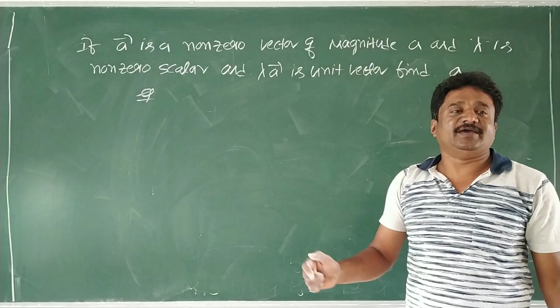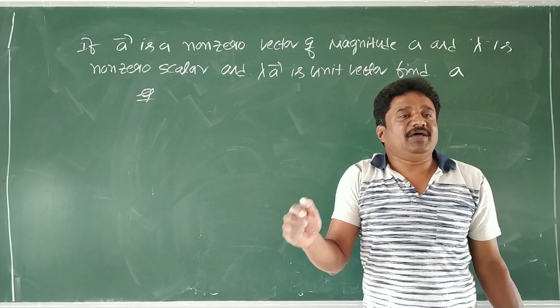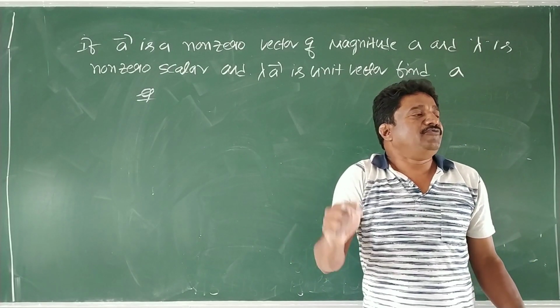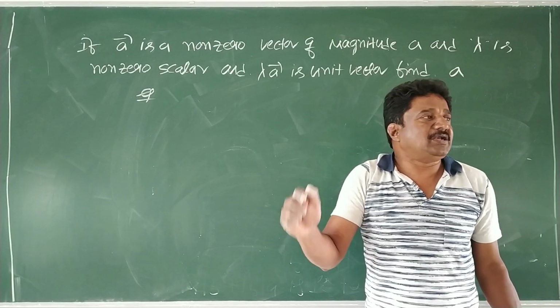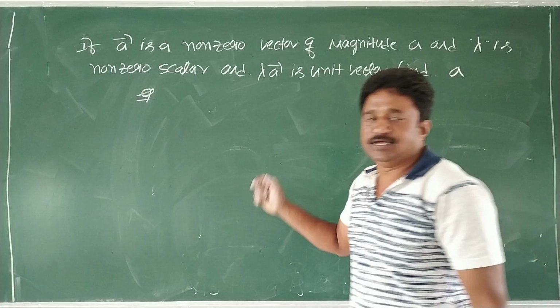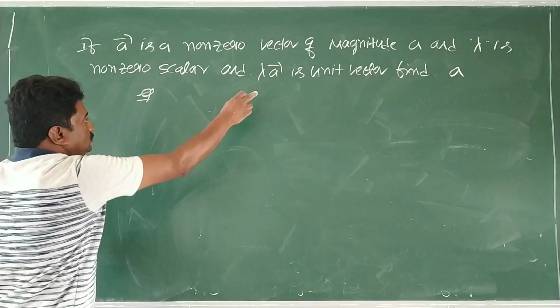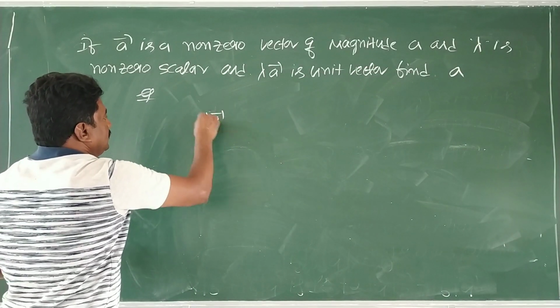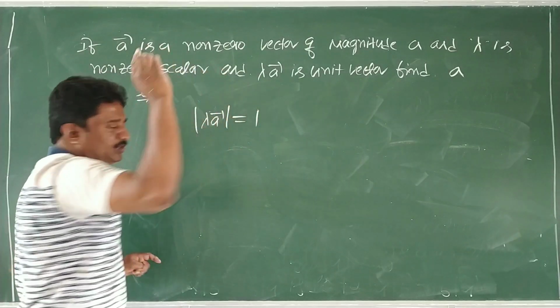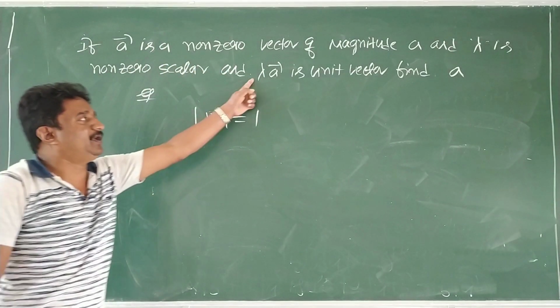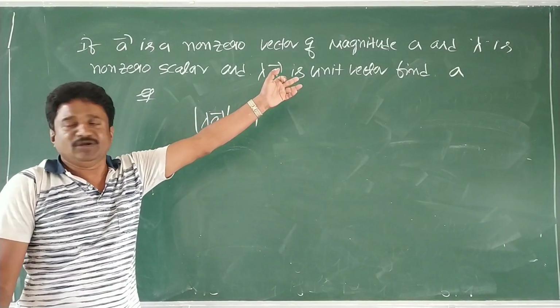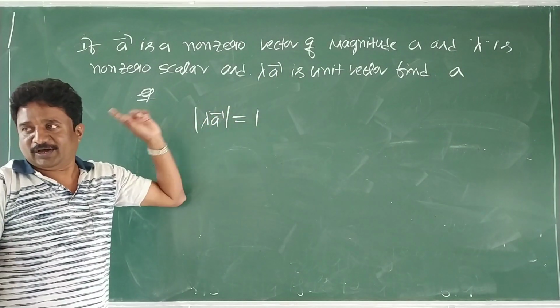When we say a vector is a unit vector, its magnitude is unity. So the magnitude of lambda A is equal to 1, because lambda A is a unit vector. Unit vector means the length should be equal to 1.